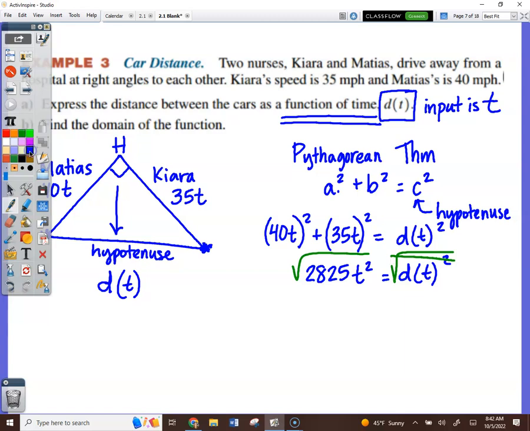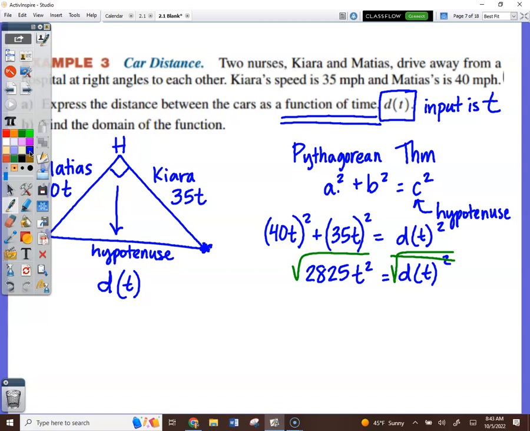Okay, so then, because this is one of those word problems where we're talking about distance between two cars, if I said to you, oh, the distance is the square root of 2,825, can you interpret that? That doesn't tell you how far apart they are, right? So we do want to actually get some type of understanding for how far apart they are.